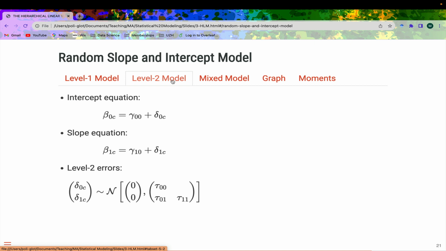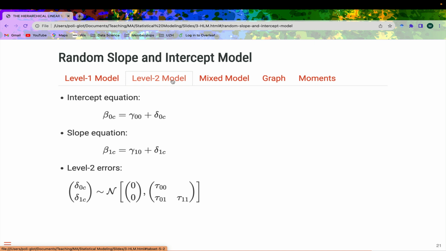An equation for the intercept and an equation for the slope. So the intercept equation is going to be the one that we have seen before. Beta 0c equals gamma 0 plus delta 0c. So we're saying basically whatever the intercept in country C is, it's equal to some common intercept gamma 0 plus some deviation of that common intercept that is specific to the country, and we call that delta 0c.